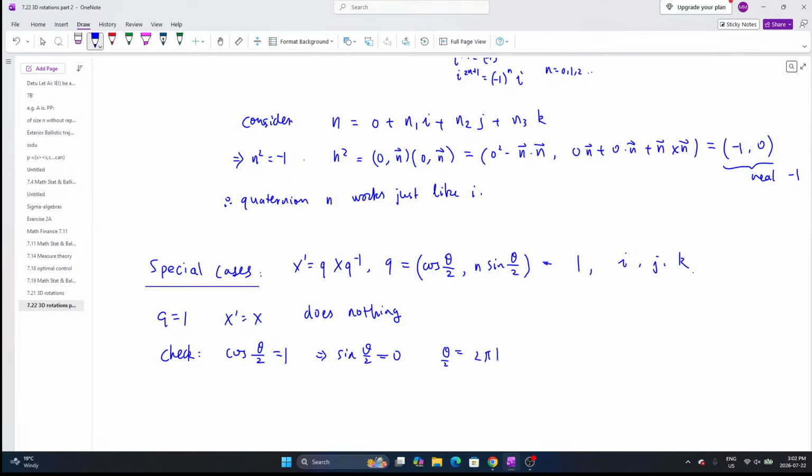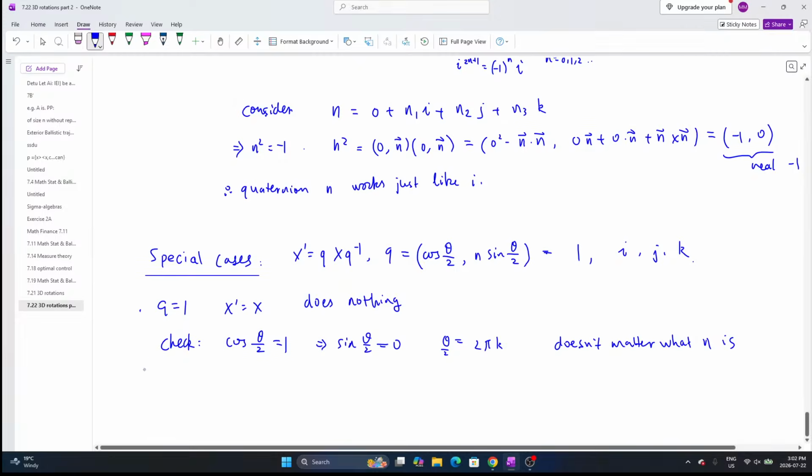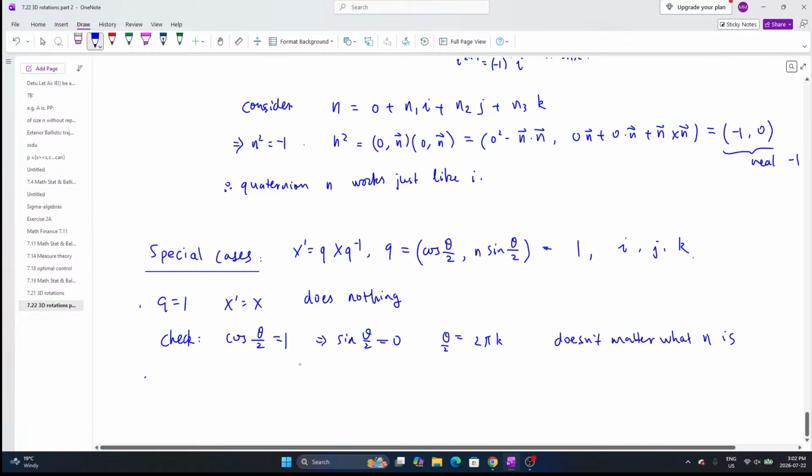It doesn't matter what axis n is. You pick an arbitrary axis and rotate by a multiple of 2 pi, you get the original point. This is very uninteresting, but it's an important case to check.